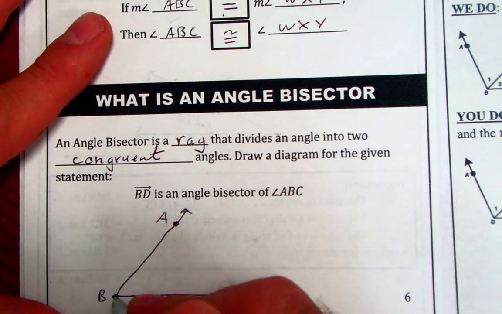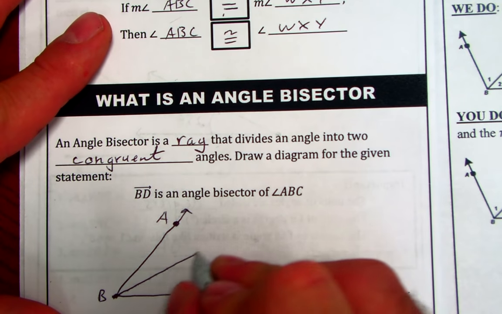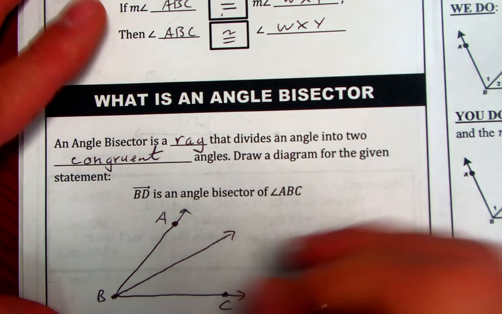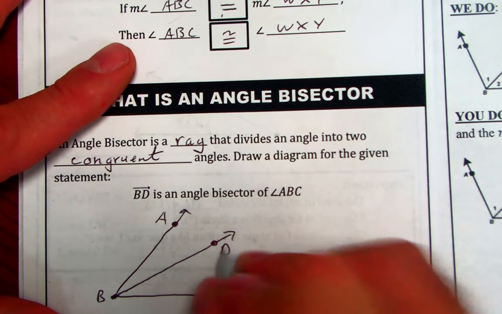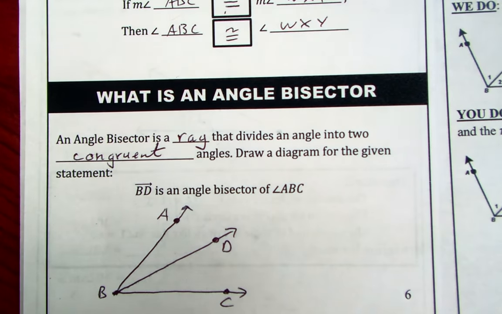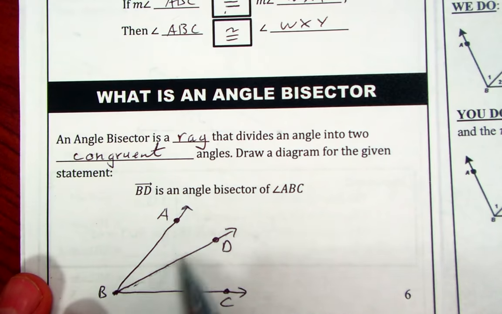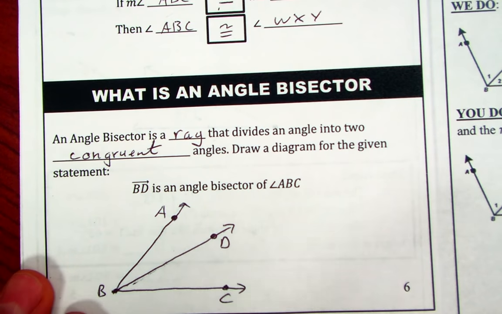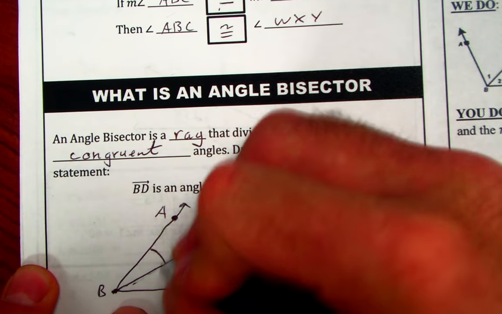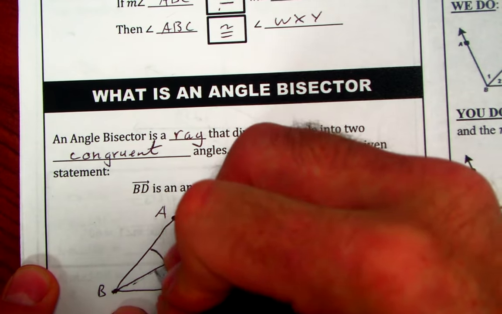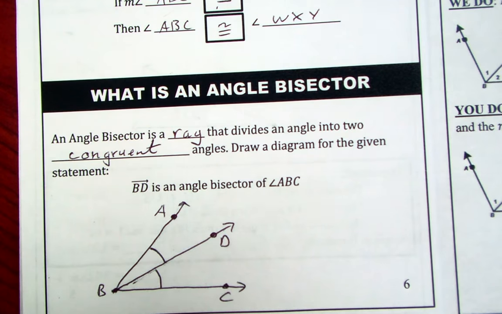That means it goes right through the vertex. Right now, it just says this ray is in between or on the interior of that angle. We have to put the arcs to show that they're congruent. And since we don't have to label any other angles, we don't need to put the hash marks in there.